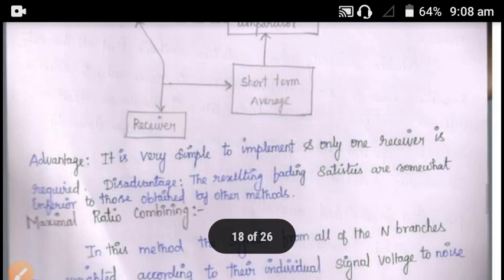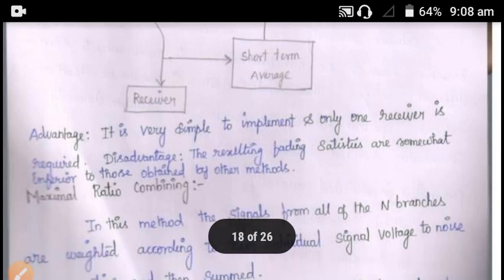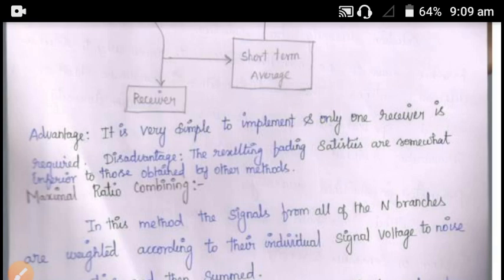So the main advantages of this scanning diversity is it is very simple to implement and only one receiver is required. The main disadvantage is that in the previous diversity methods there were many receivers, right? So the main advantage of this is it is very simple to implement and we need only one receiver.